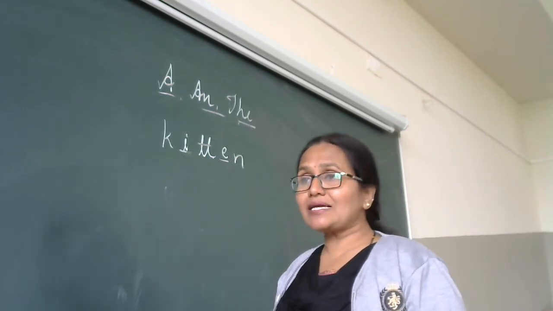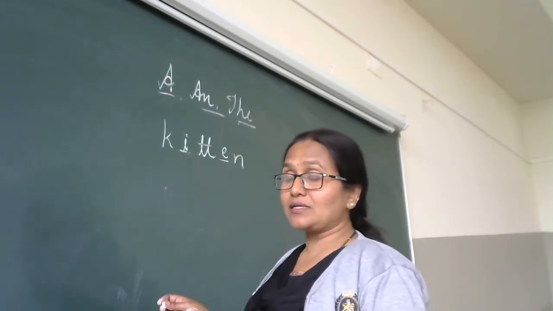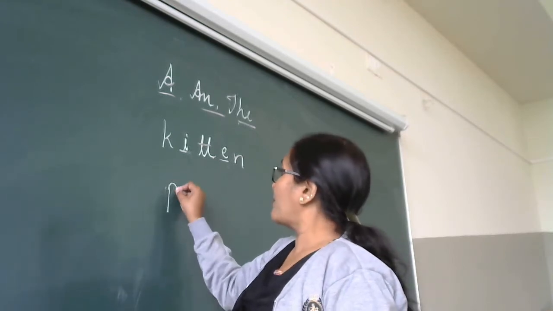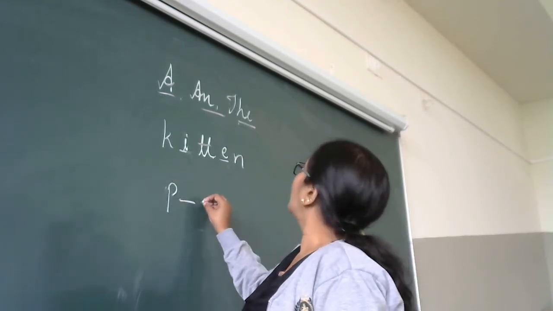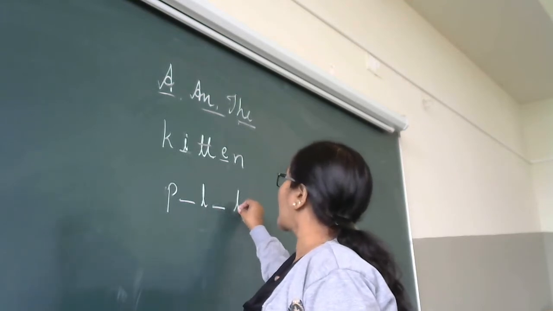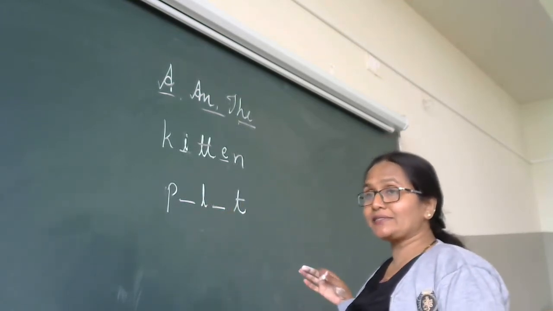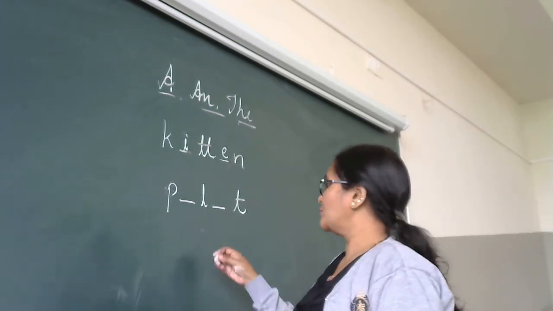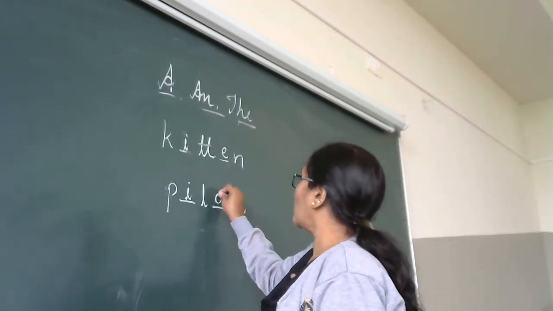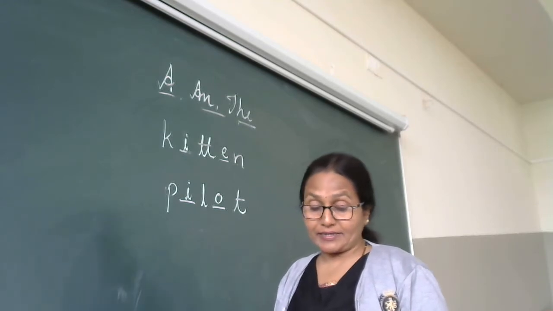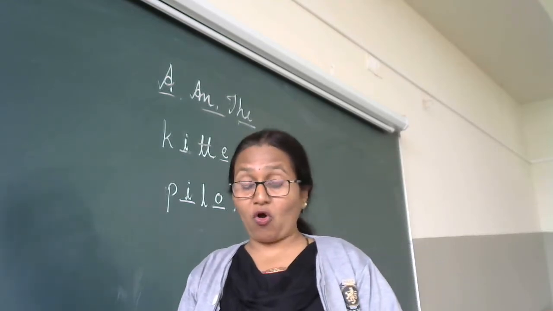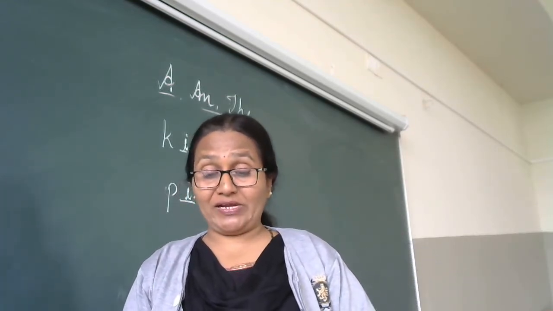My uncle is a pilot. P dash L dash T. We have to fill in the vowels to get the word pilot. There are many words where you have to fill in vowels.